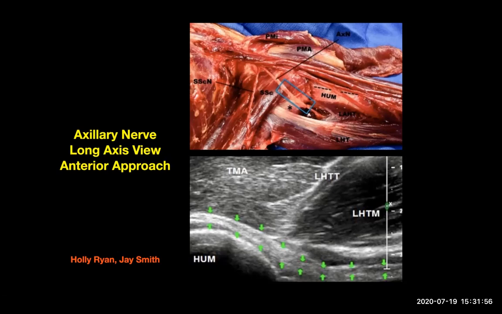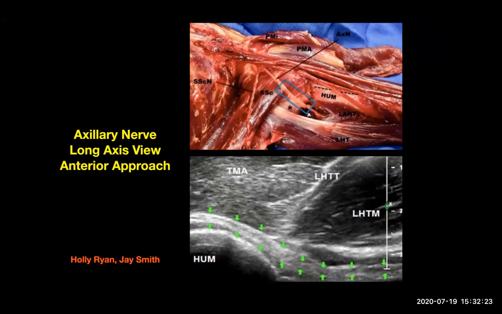This is a cadaveric view that Dr. J. Smith has studied, and you can see that the axillary nerve is very close to the humeral bone. This is the way they're scanning it, and you can see all the other muscles, the teres major and the long head of the triceps muscle around that area.